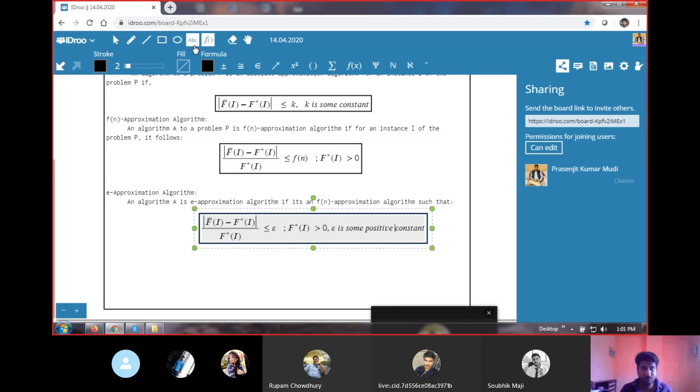Next we come to the definition of approximation scheme.